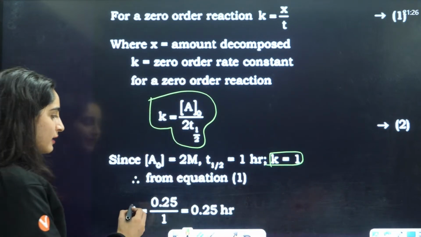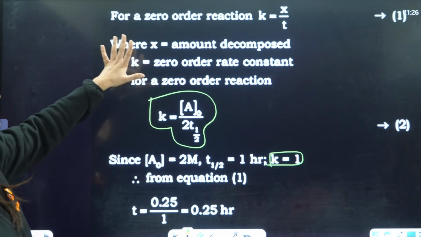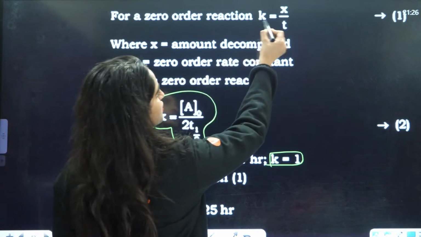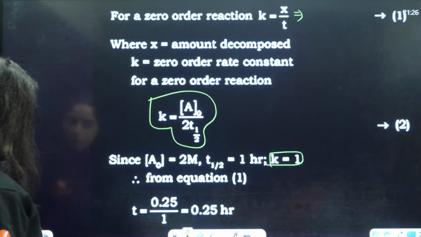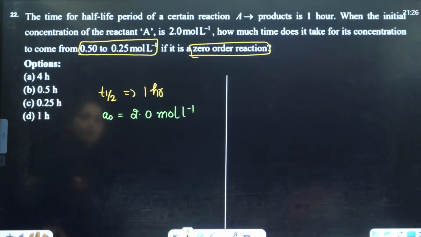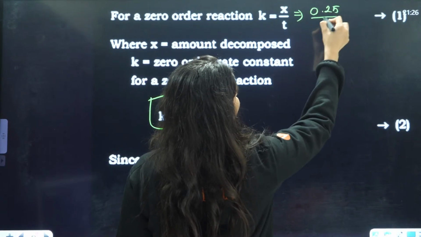Now, you will put that rate constant in equation number 1, where for the zero order reaction k is equal to x by t. X is the change in concentration. What is the change in concentration? 0.5 to 0.25. The change is 0.25 by t.